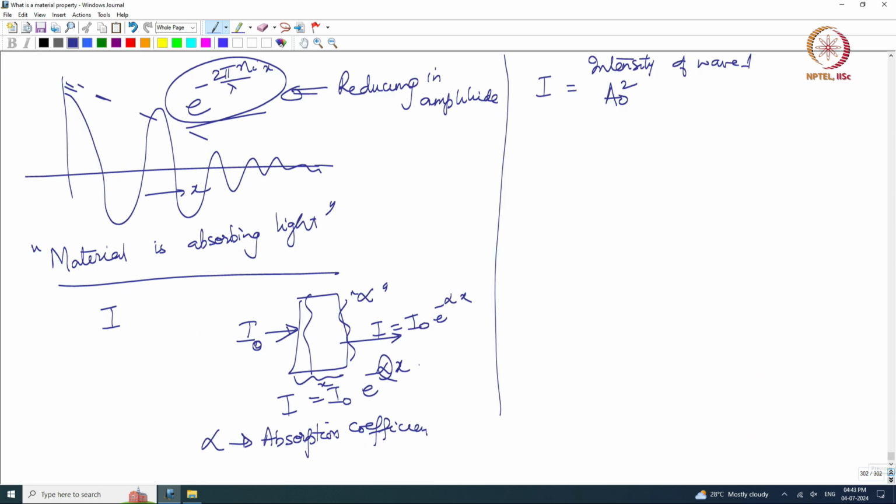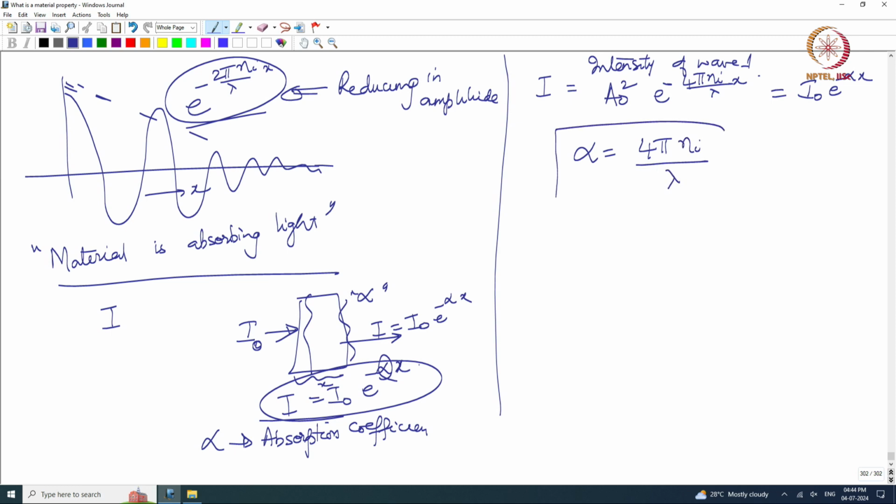So the only thing I have is e power minus 4 pi n_i by lambda times x. Okay. So now if I compare this, which is equal to I naught e power minus alpha x, alpha, my absorption, equal to 4 pi times the imaginary part of refractive index by lambda, right. So this is a simple equation for the absorption coefficient.